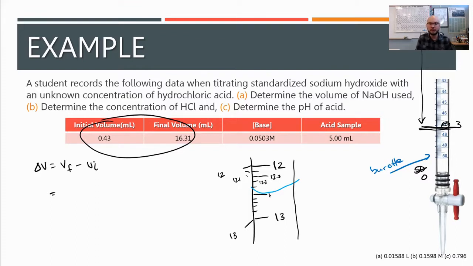So this mark right here is 12.5. Now, the smallest division isn't 12 or 13. The smallest division is the ones in between. So I can clearly see that there's a marked difference between 12.4 and 12.5. So when I'm looking at this meniscus, does it look like it's right on the 12.5?